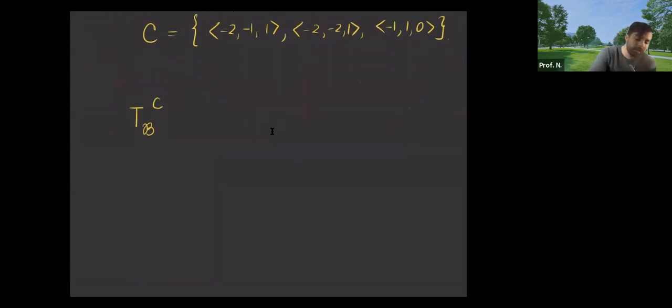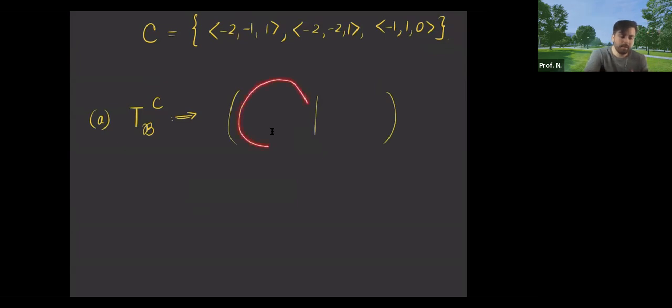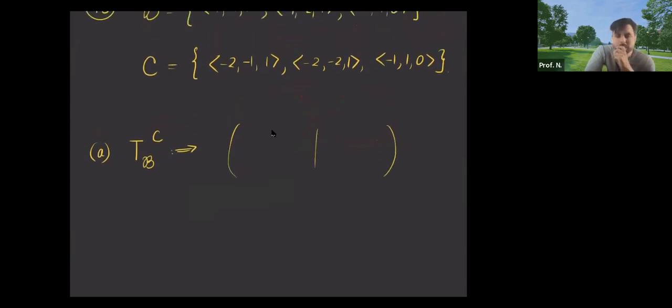So remember how we do this? What's the procedure? Remember, what do we put on the left side here? And what do we put on the right? In this case, what's our old and what's our new?